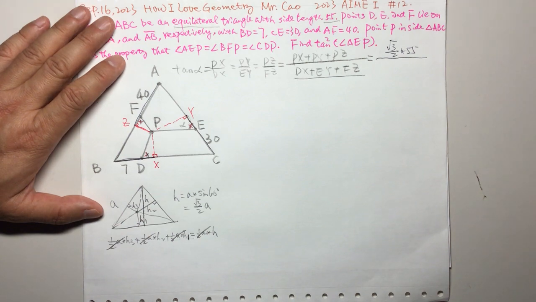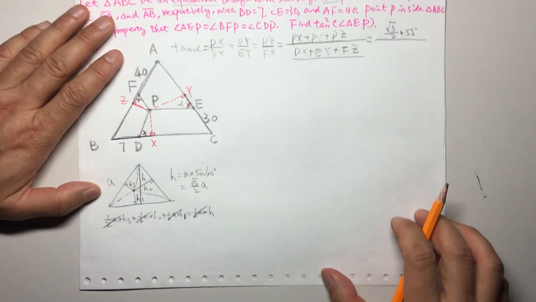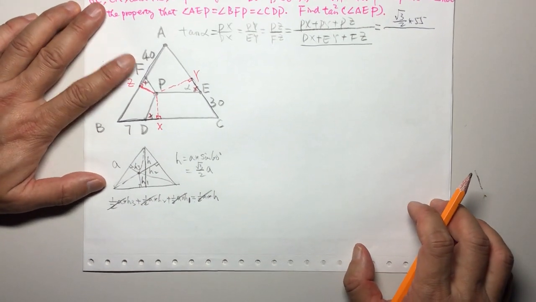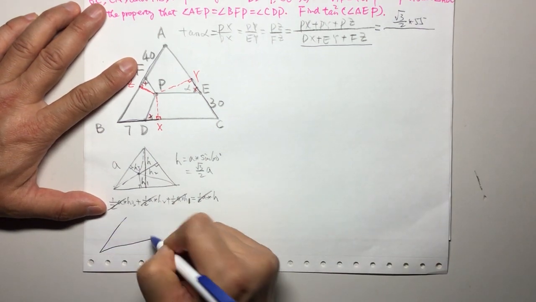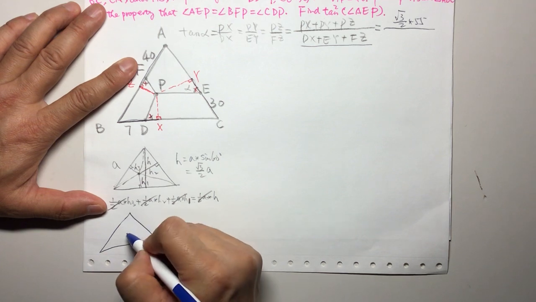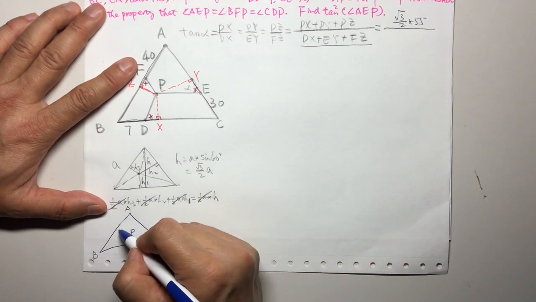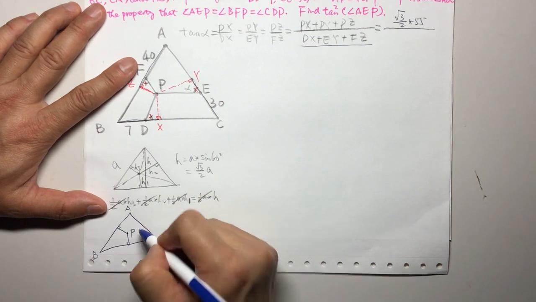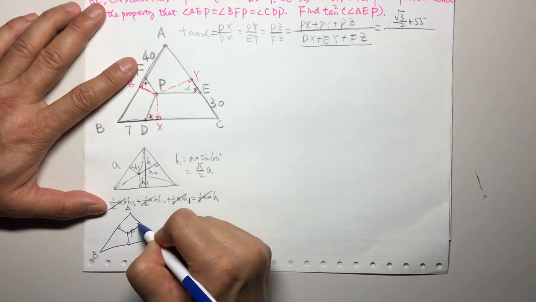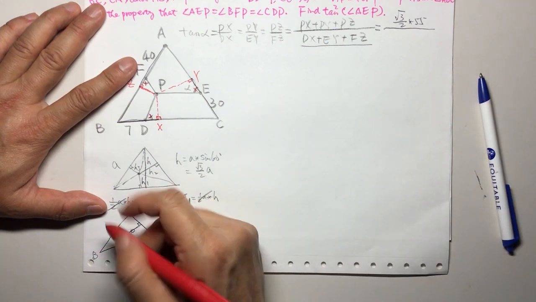To find this one, now I want to introduce another conclusion for a triangle. If this is any triangle, there is a point inside. We call it P. That's A, that's B, that's C. If I draw the perpendiculars, we will find what I want to say.